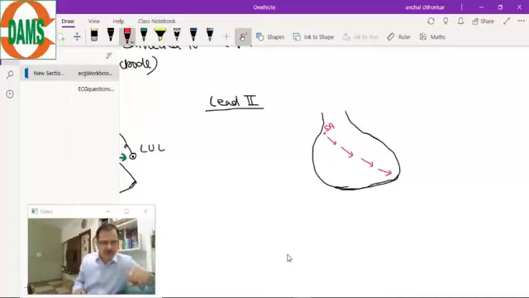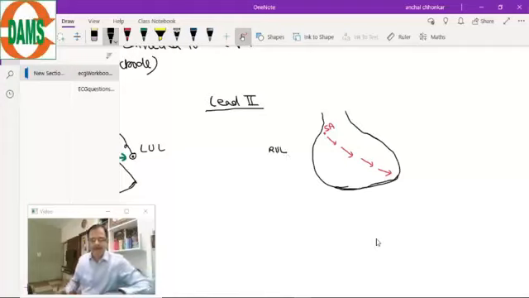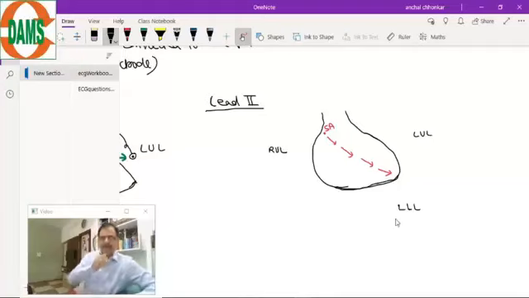It is going downward in a vertical plane, and the net direction is towards the left side. Now this is the right upper limb, this is the left upper limb, and this is the left lower leg. The heart is in the center.